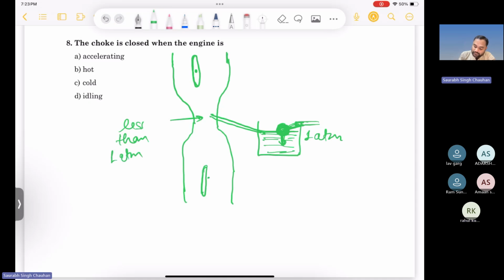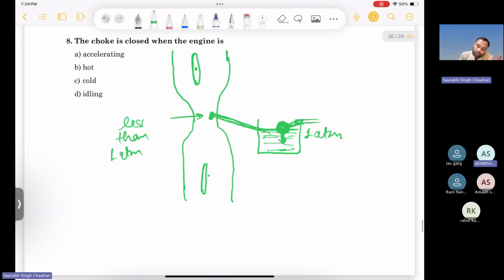Since the pressure is less, this petrol or gasoline comes from the reservoir to this area, and since the opening of this pipe is very small, you get some sort of spray, right? So your fuel droplets will come here and get mixed with the air, and you will get a homogeneous mixture. Okay, so this is the working principle.